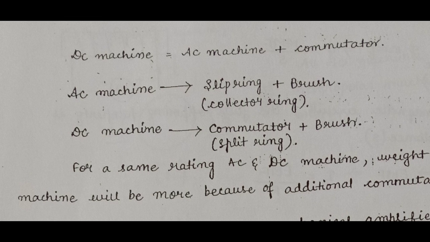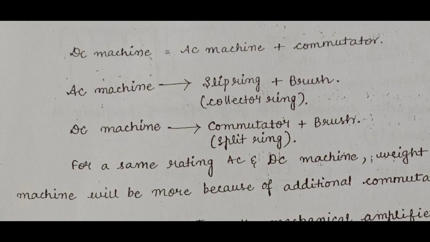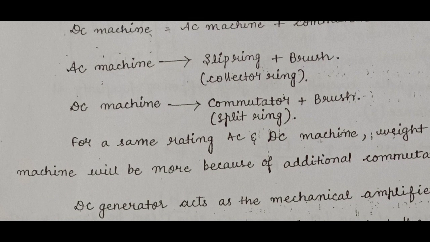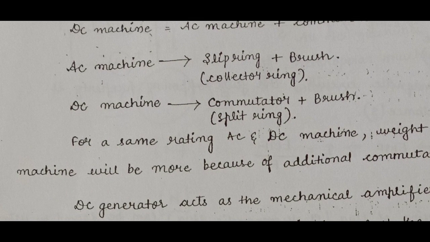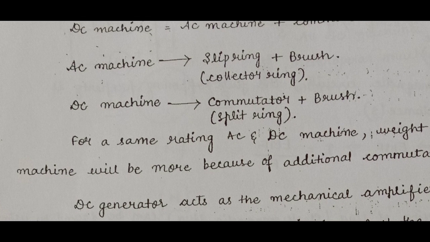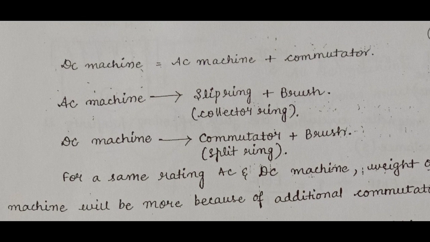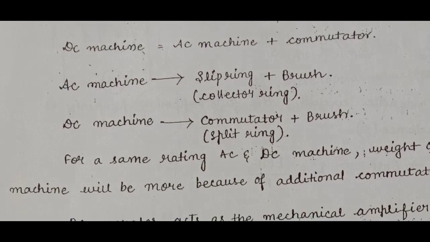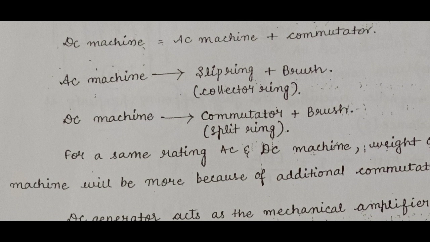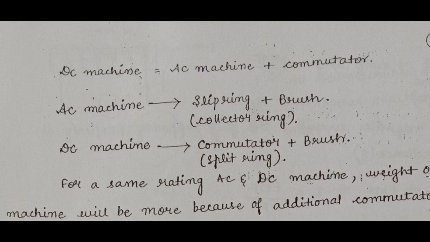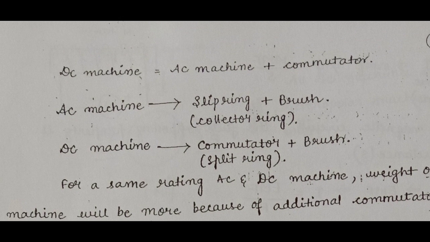For example, in a DC generator, inside the generator there is AC, and that AC is converted into DC outside by the commutator. And in a DC motor, inside is AC supply and outside is the DC supply. So a DC supply is given to the DC motor, and this DC supply is converted into the AC supply by the commutator.